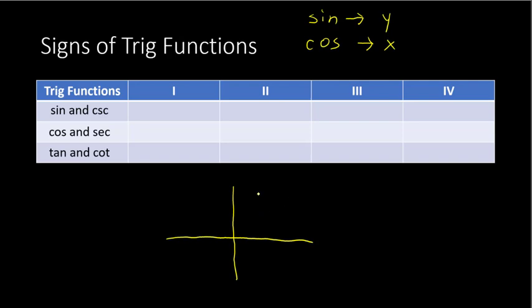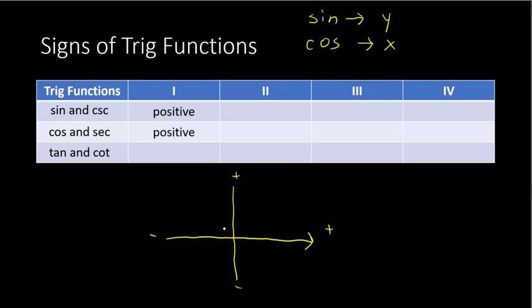So sine, along with cosecant, would be positive up in that first quadrant. And then cosine is the x value. So up in the first quadrant, x would be positive because x is positive when it's to the right. So in the first quadrant, cosine, which means secant as well, are both positive.